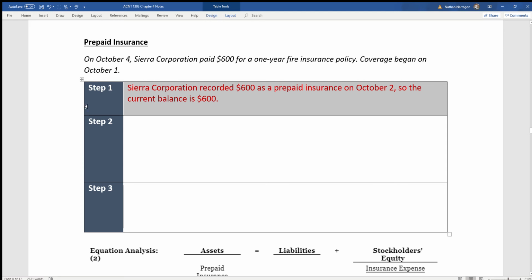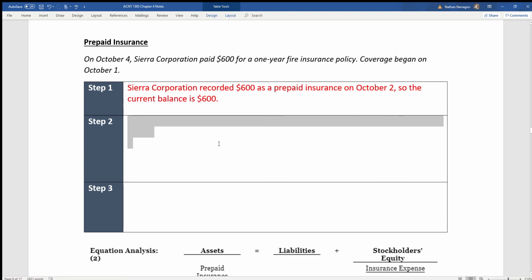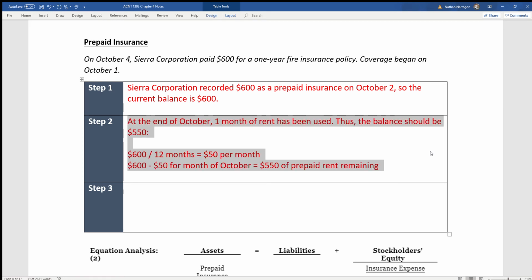Next is us determining how much should be in prepaid insurance, or basically what expense do we have. So at the end of October, again, 1 month of this insurance has been used. Since this is for a 1-year time frame, we take the cost of that policy and divide it by the time frame.